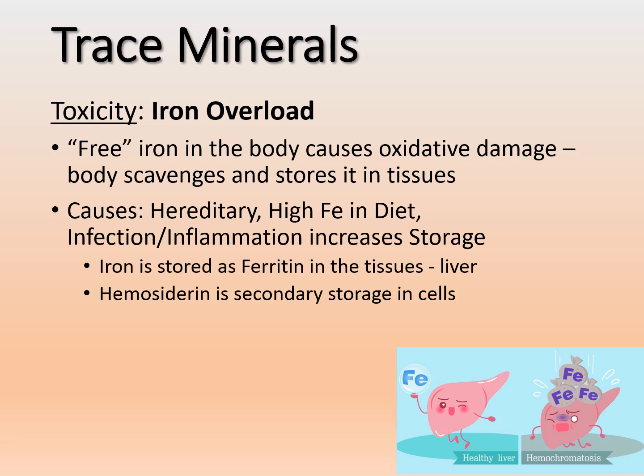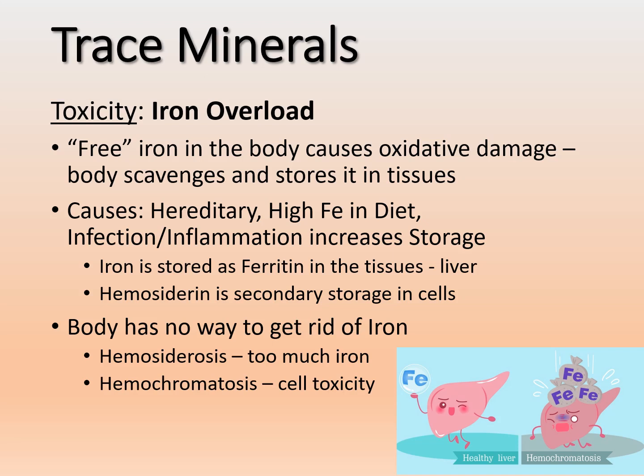So you can get it from a hereditary or genetic reason. But what we kind of care about is high iron in the diet, right? So it could be nutritional. And any sort of infection or inflammation can increase the storage of iron. So they pick up more of it and store more of it in the liver.